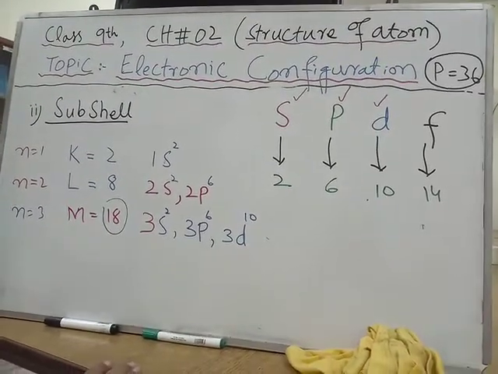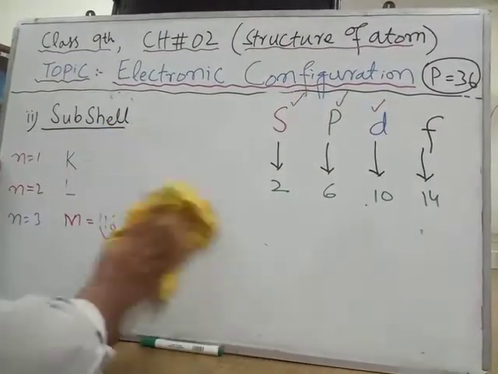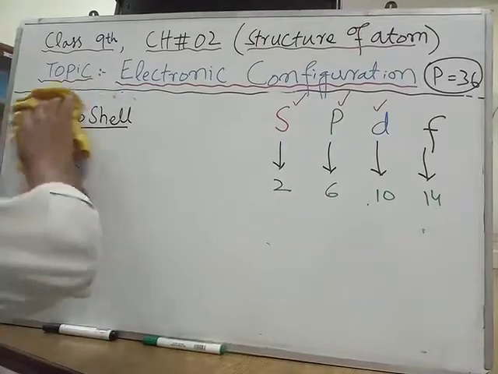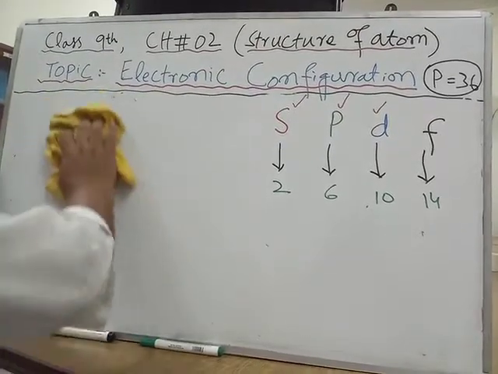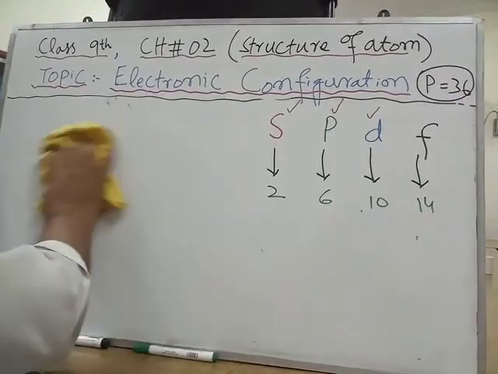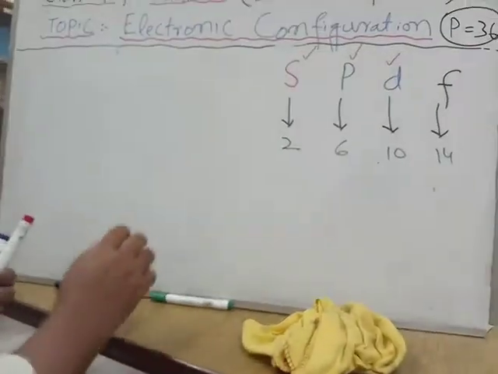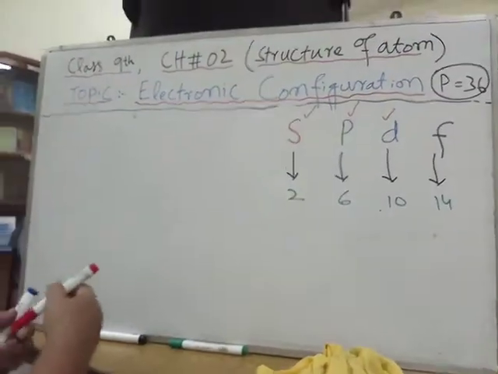Now we are proceeding towards the third topic, which is the electronic configuration of the first 18 elements. You can check this topic at the end of this chapter. So now let's start with the shell.